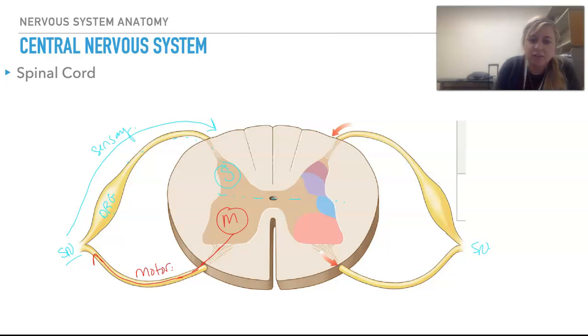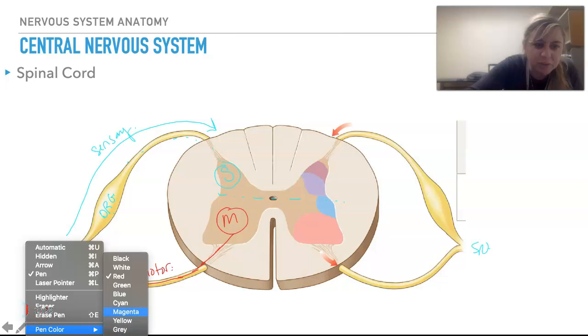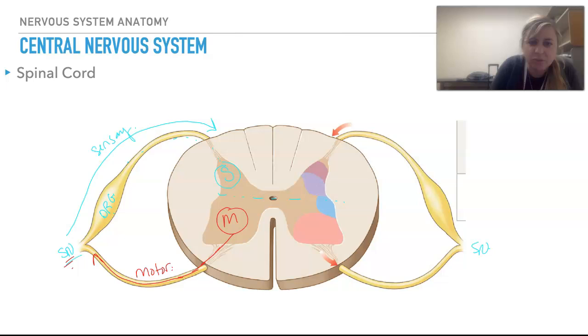Motor, efferent, always exits out the front, and then they come together to form spinal nerves, which are going to be mixtures of motor and sensory fibers. Another thing to note here is that between motor and sensory nerves, we sometimes have what is called an interneuron. So sometimes there is an interneuron that connects the motor to the sensory also within the spinal cord.